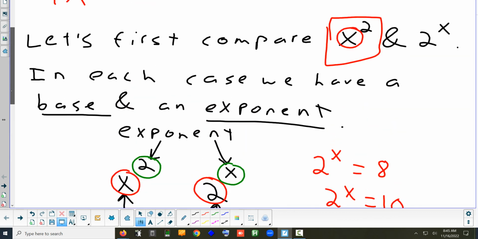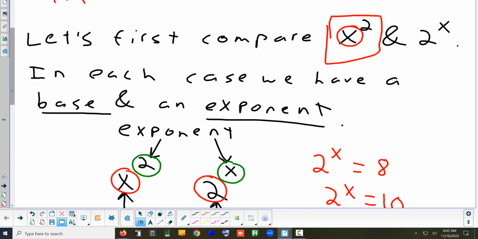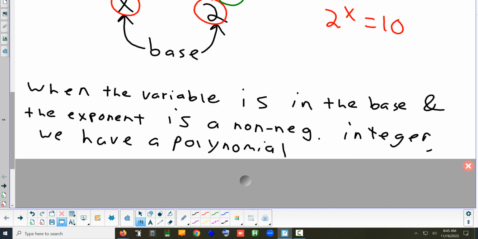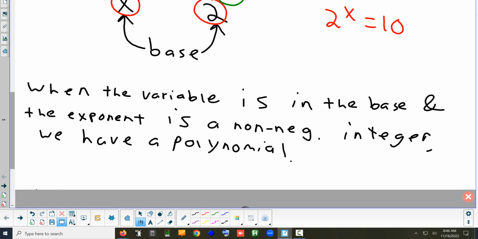So let me summarize which one was a polynomial and which one was an exponential. When you put a variable in the base and you have an exponent that is not negative and not a decimal, it's an integer, that's a polynomial. 3x squared plus 2x, there's a polynomial. 8y cubed, there's a polynomial.